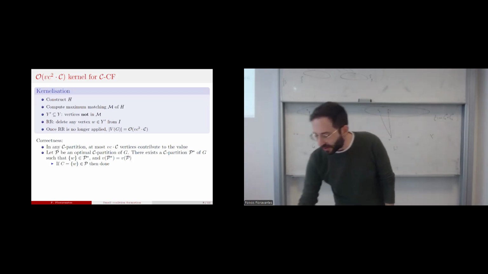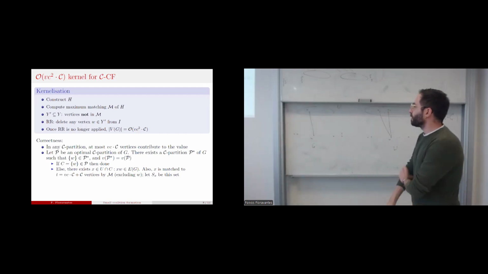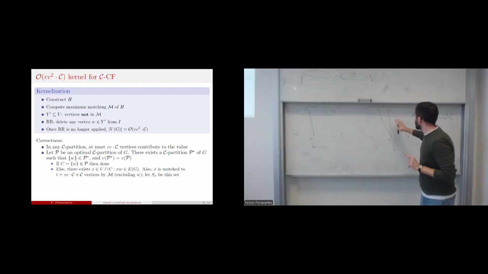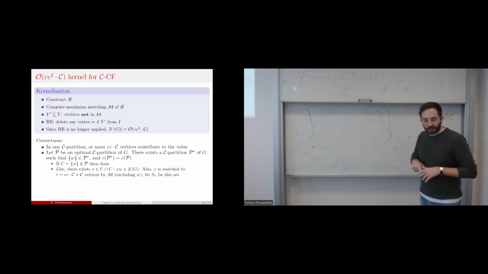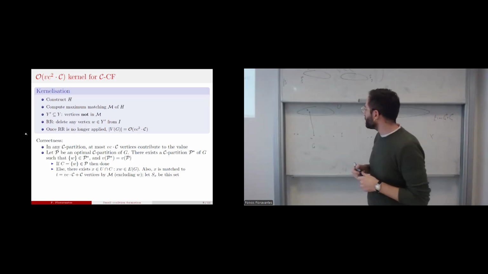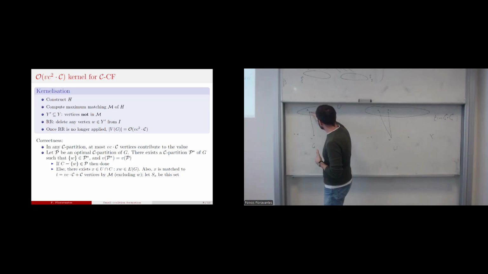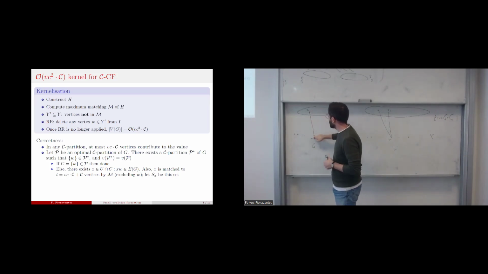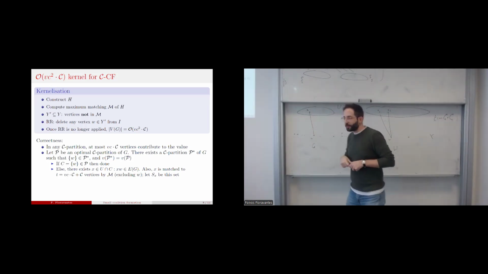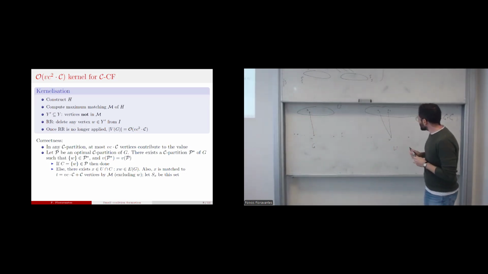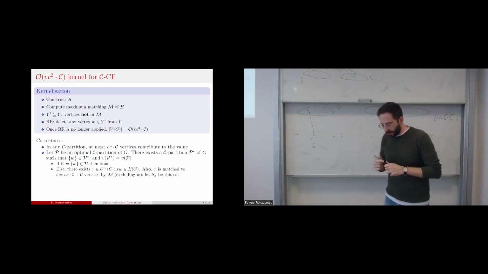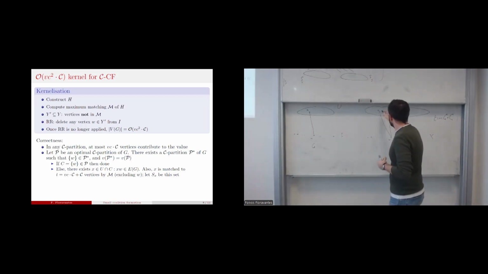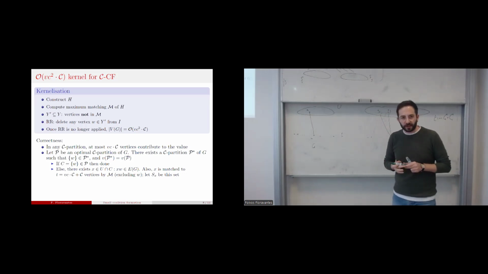If this is not the case, I repeat, W is something that is never matched here. So if this is not the case, this means that there exists exactly this X here, and that W and X are in the same set of the coalition. And since this is not matched to any of those, it means that those things are matched to other vertices.